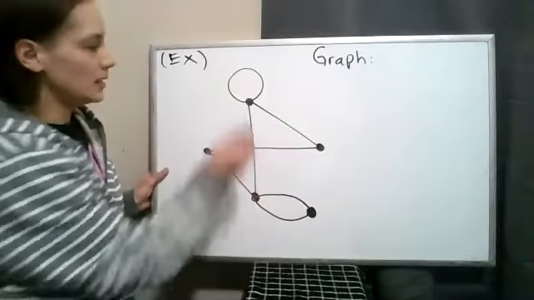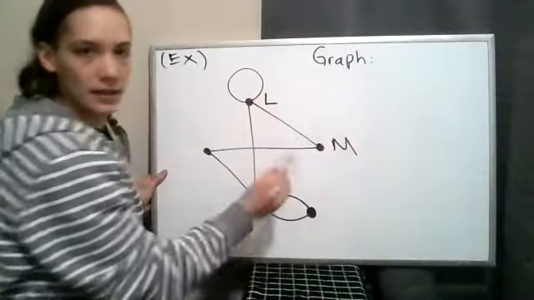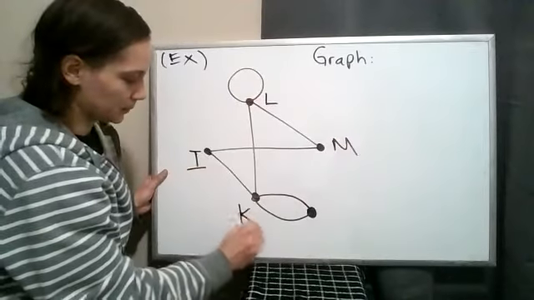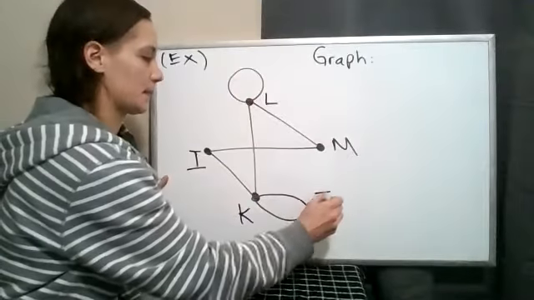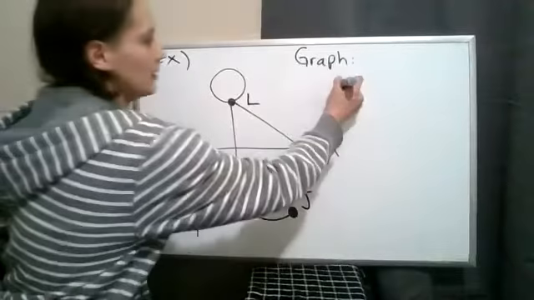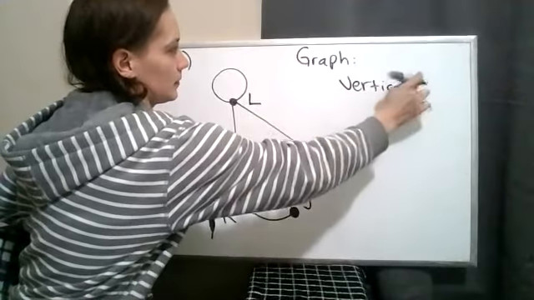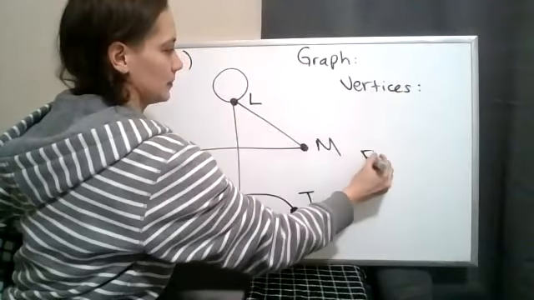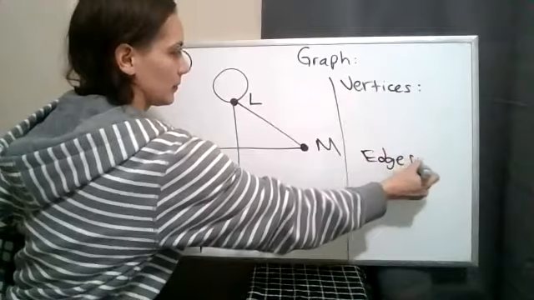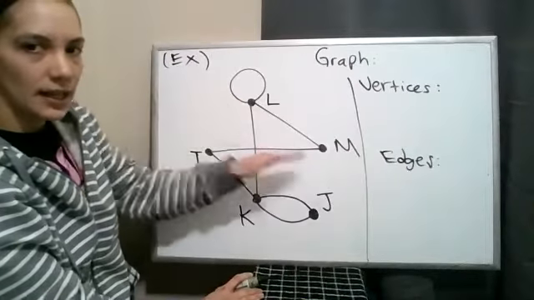Cool. This is called L, M, I, K, J. So we need to put down the dots L, I, M, J, K.